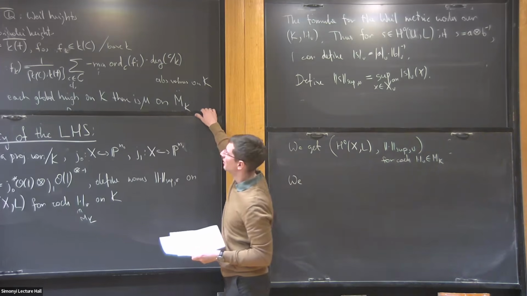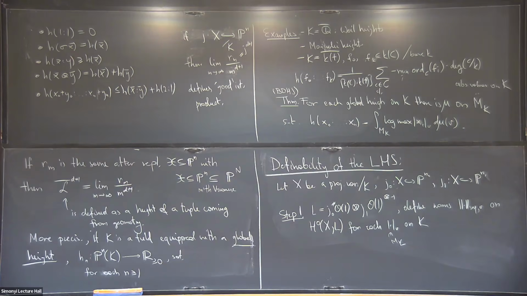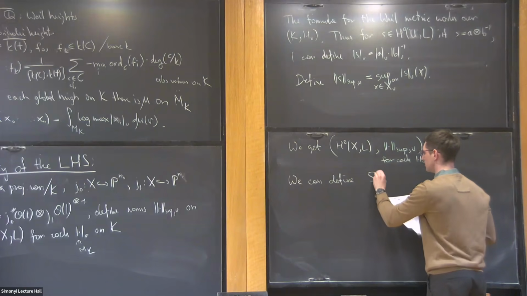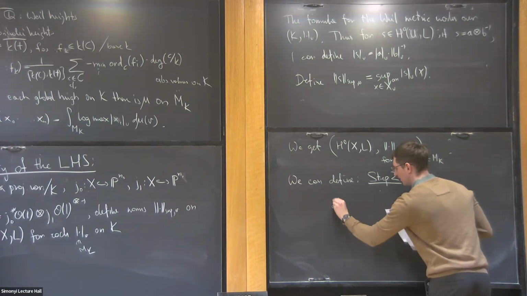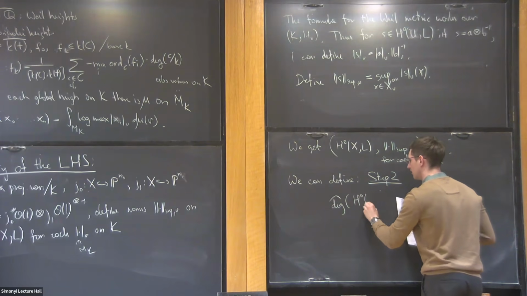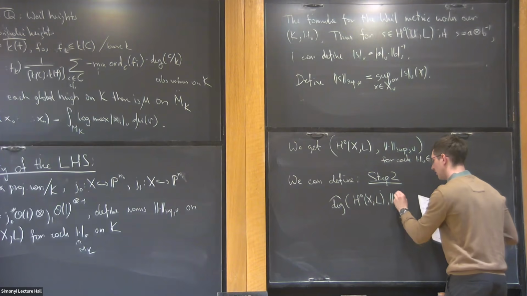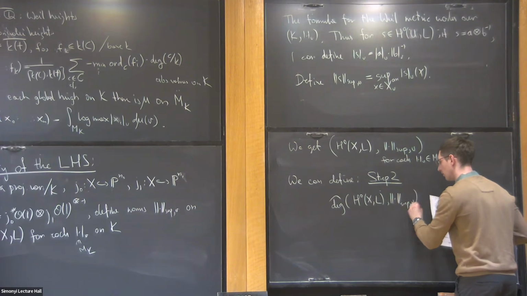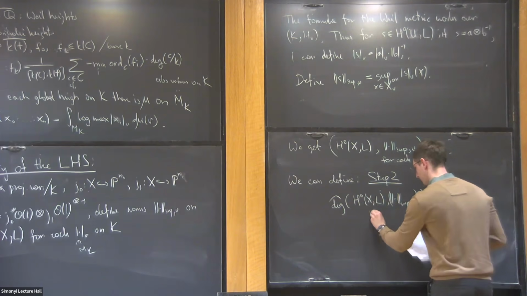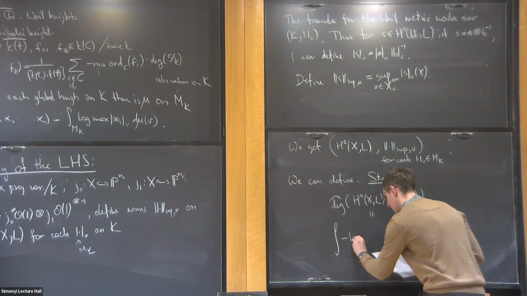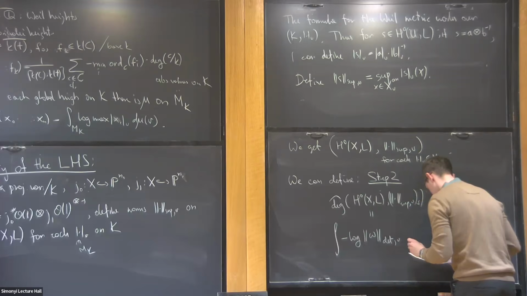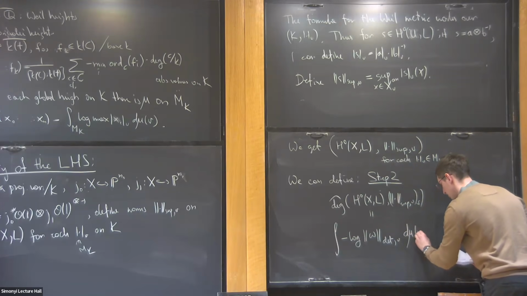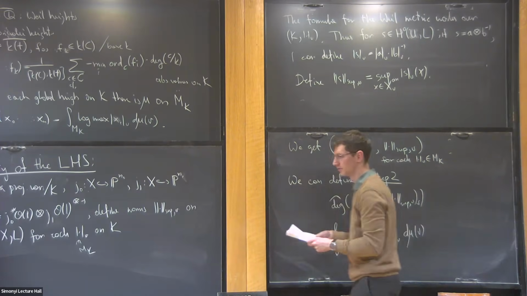And if our field is equipped with these heights, we can define, maybe this is step 2, the degree of this family, of this data, to be the integral of minus log of the determinant norm, with respect to a measure on the space of places that we choose.